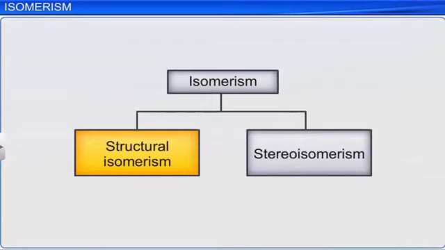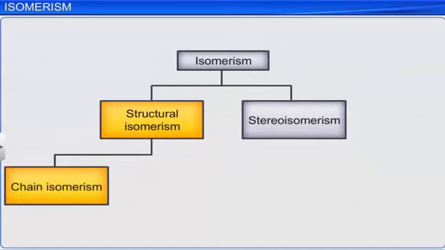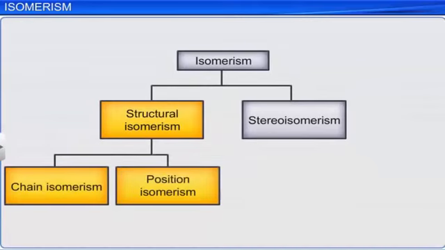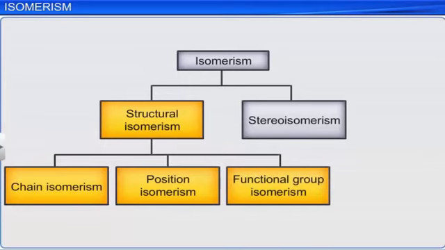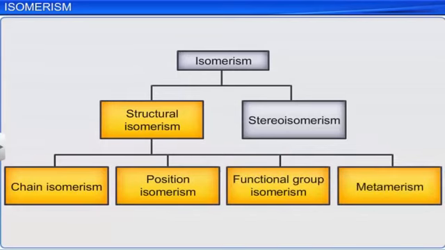Structural isomerism can be of following types: chain isomerism, position isomerism, functional group isomerism, and metamerism. Let's look at chain isomerism. Compounds that have the same molecular formula but different carbon chain, that is, straight or branched chain, are known as chain isomers, and the phenomenon is known as chain isomerism.